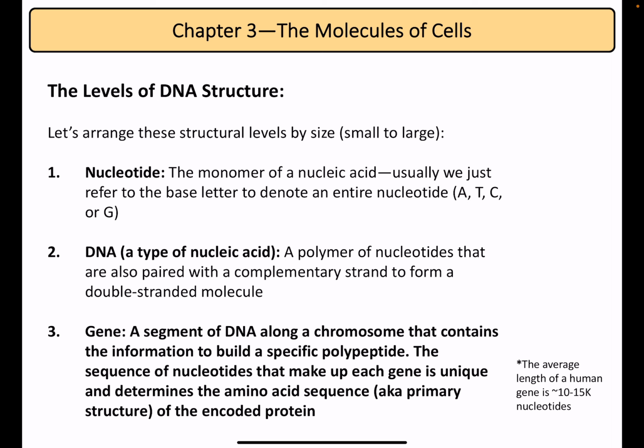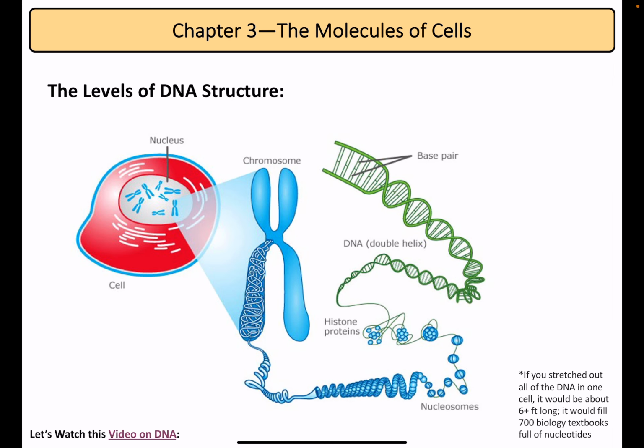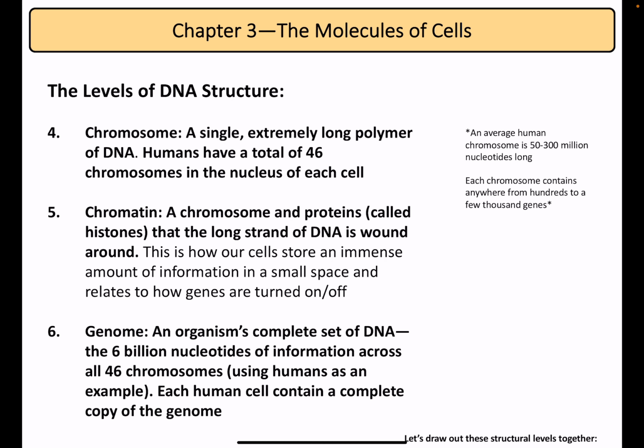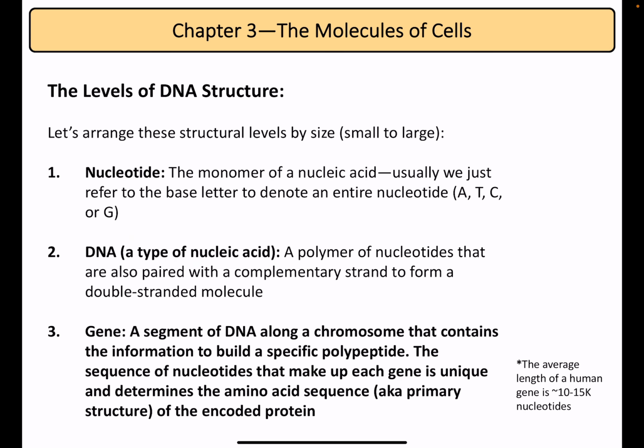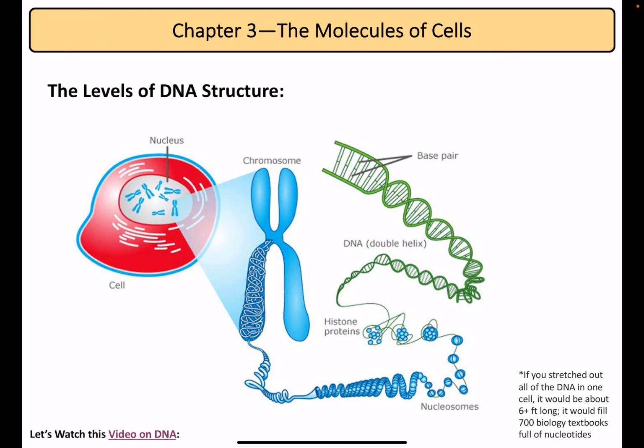And the way I like to do this, even though I have it written out 1, 2, 3, and 4, going from small to large, I'm going to flip it around. I'm going to start really big and work our way down to really small. So I'm actually going to go backwards from 6 to 1. And I'm going to use a picture as I take you through these structural levels.